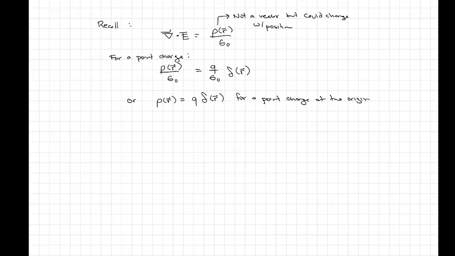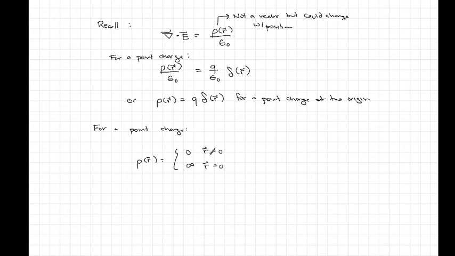If I really have a point charge, that means it really doesn't take up any volume at all. It makes sense that the volume charge density for a point charge would actually be infinite. It would just be Q times infinity. So this should make sense because for a point charge, our volume charge density is equal to 0 for R not equal to 0, and it is infinite at R equals 0.